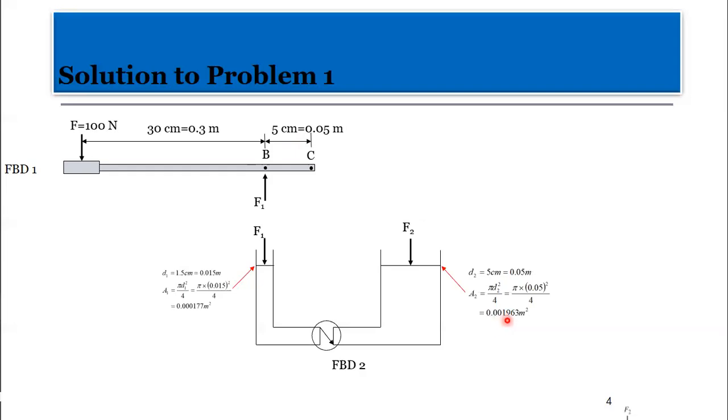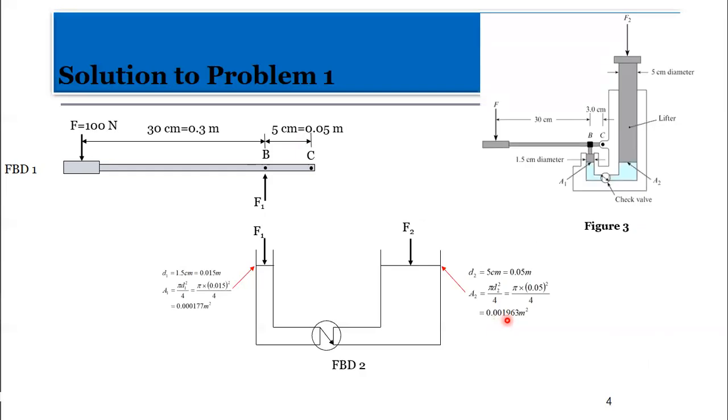Good. Now, with reference to the complete diagram for the problem, we can see clearly that everything has been accounted for. Okay, F2 is acting here, but remember we are neglecting the weight of the lifter. So the only force acting on this surface is just F2.